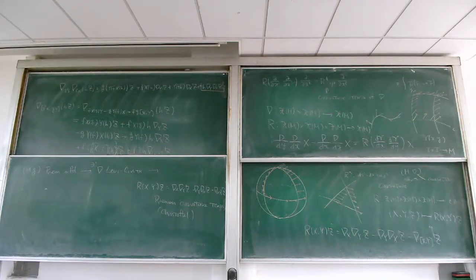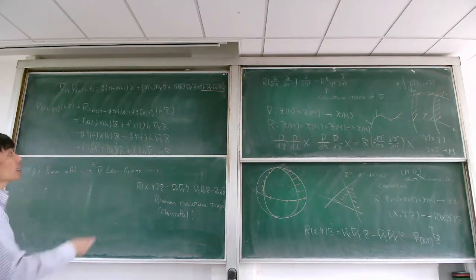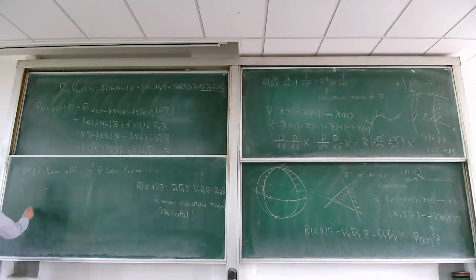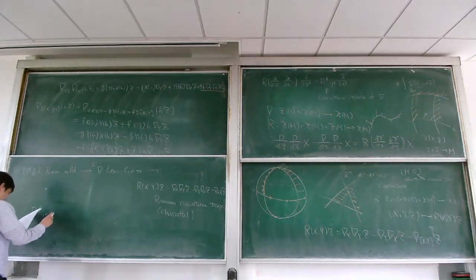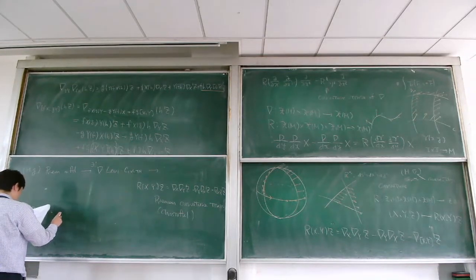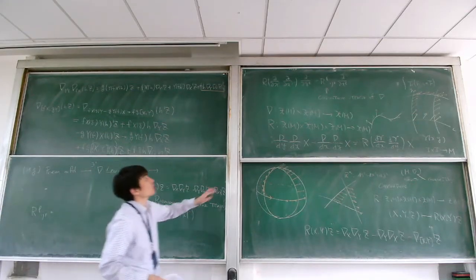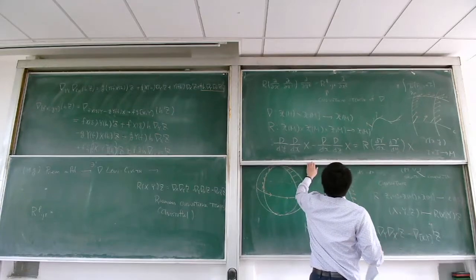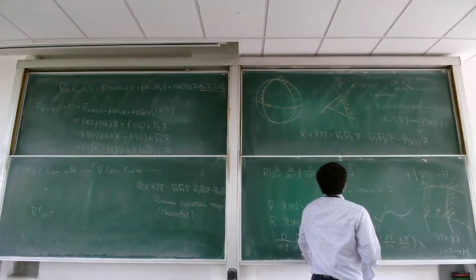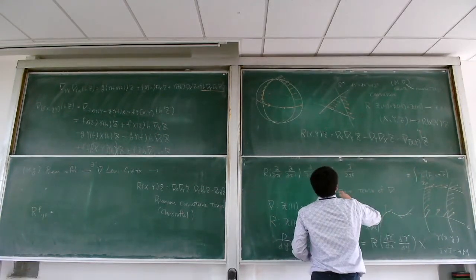And of course, locally, this R can be written as... oh my goodness, my notation is different from what I have written. My notation is this K_ij, sorry.